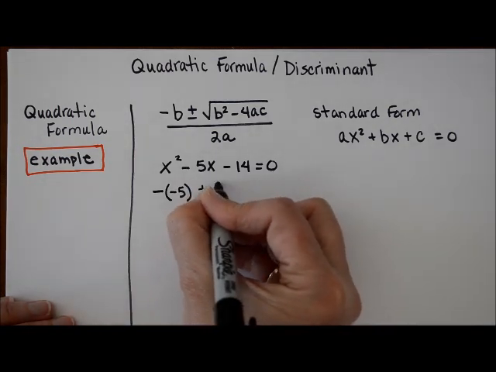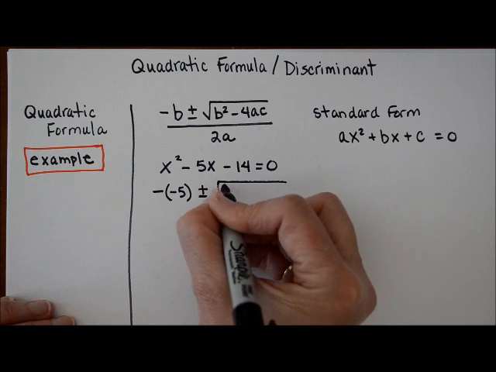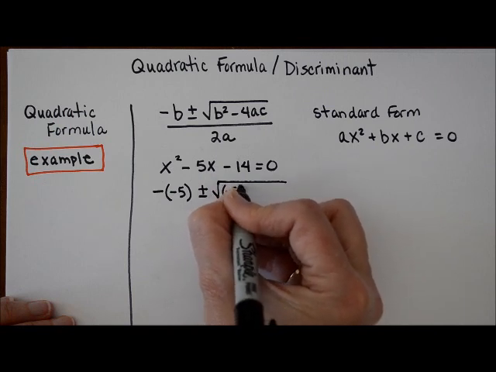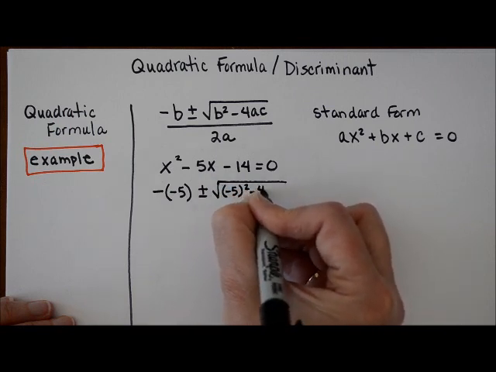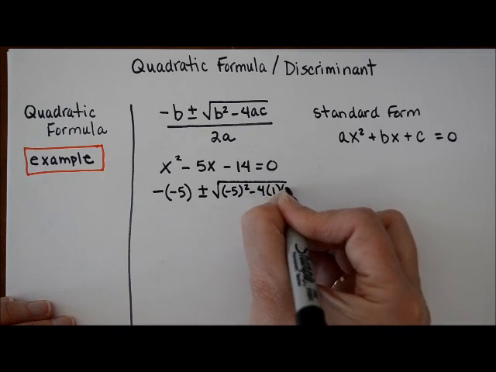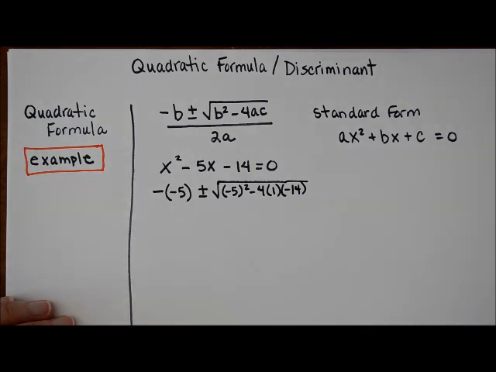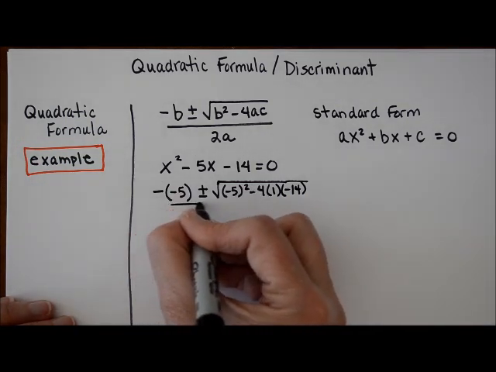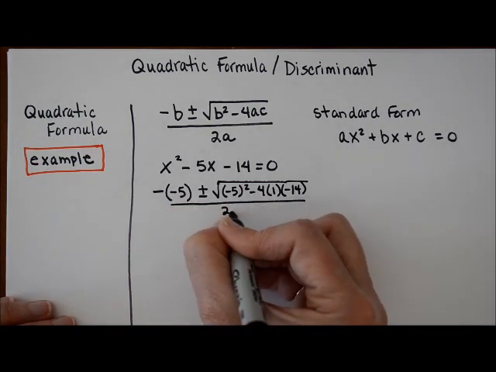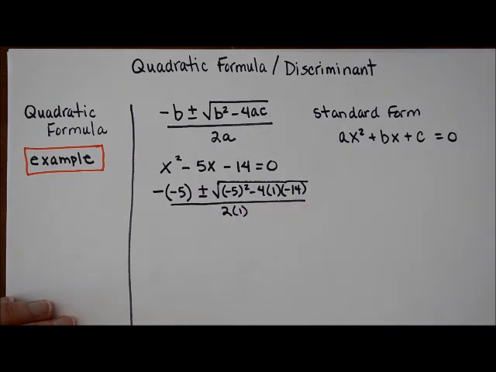Plus or minus the square root of b squared, so I have -5 squared minus 4 times a times c. Now don't forget your signs, that's what will mess you up a little bit. And you got this whole guy over 2a, and a is 1, so 2 times, I'll put the 1 in there so you can see it.